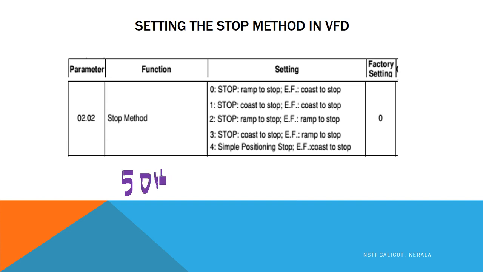Even if you are switching off the machine, the VFD will be slowly reducing its frequency to 0. What happens? The speed will be slowly reducing. That means even if you are switching off the motor, the supply is not directly cut, but the frequency will be slowly reducing, and we can control the timing of fully stopping the motor. That is known as RAM method.